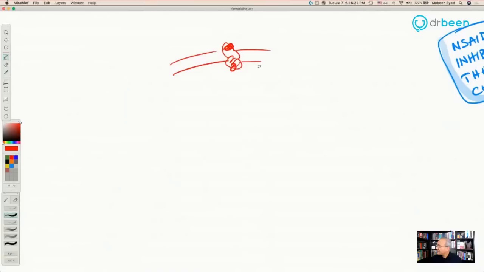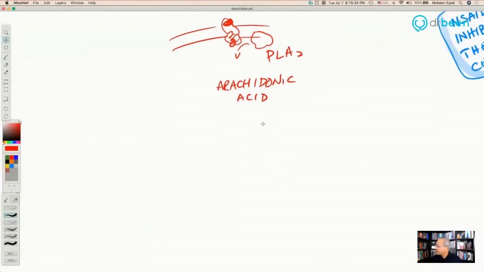Phospholipids. Then there is an enzyme called phospholipase A2. That enzyme breaks down the lipids to arachidonic acid.